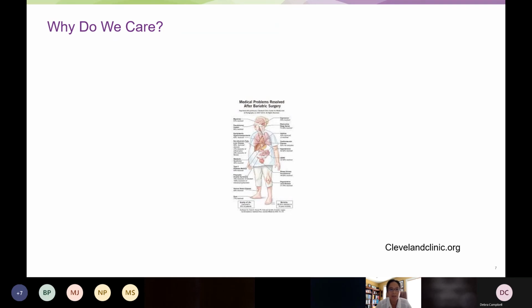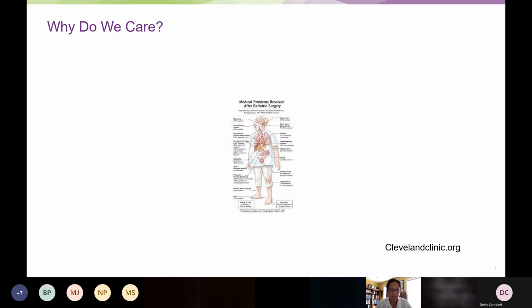Hyperlipidemia gets better about 60% of the time. Fatty liver gets better 90% of the time. Type 2 diabetes gets better 80% of the time. PCOS gets better 100% of the time. Gout gets better 72% of the time as we lose weight.